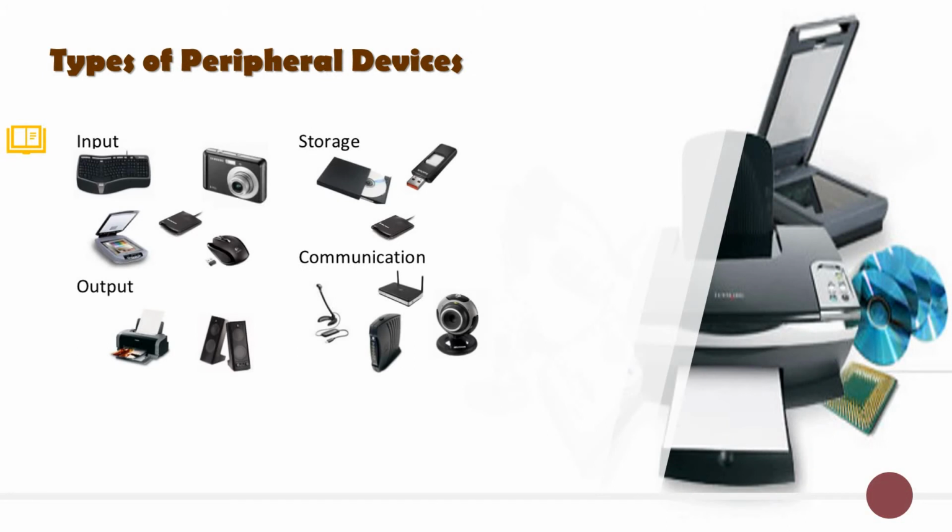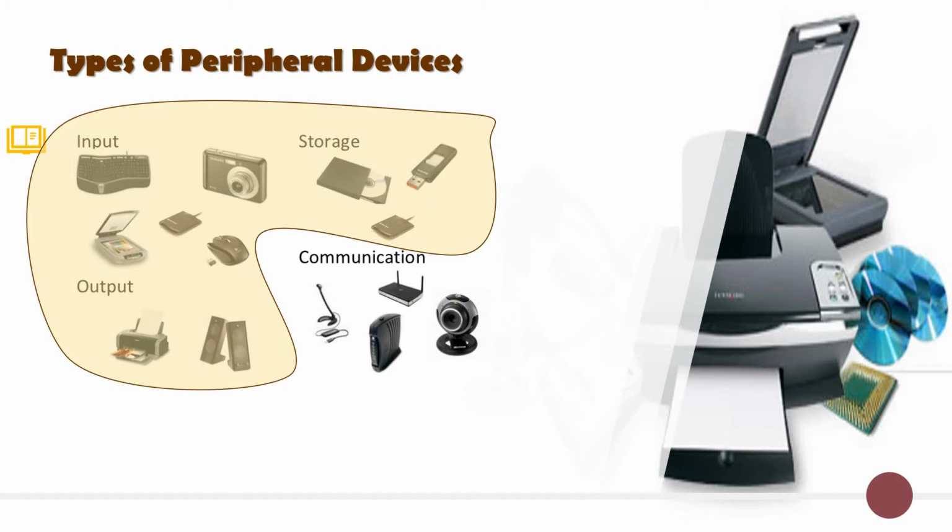Types of peripheral devices. Peripheral devices can be of different types according to their connection type to the system and data transmission direction. There are three main types of peripherals.